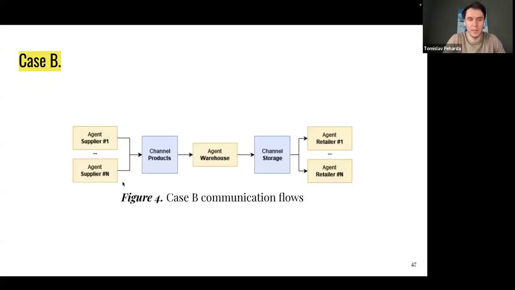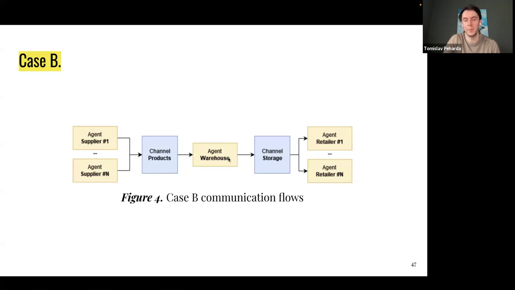So again, here we can see it visually. It's pretty sequential right now. On the left side, we can have multiple supplier agents, which will send a message to the products channel whenever there's some product available. The warehouse agent is listening to that product channel.